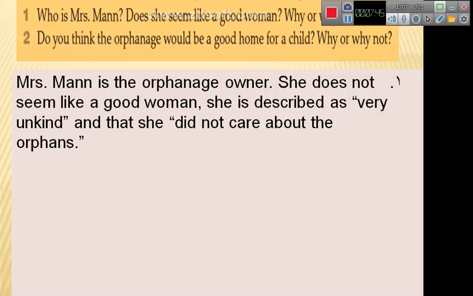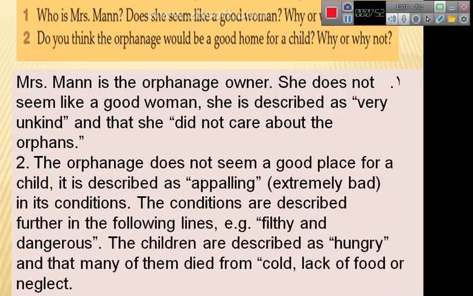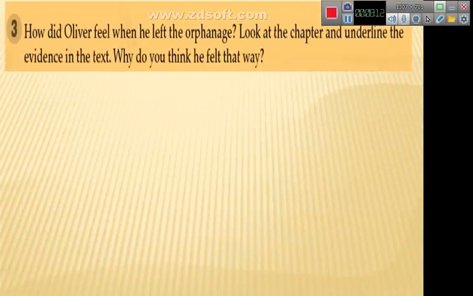Number 2, do you think the orphanage would be a good home for a child? Sure, no. Doesn't seem a good place for a child. It's okay. The conditions are described further in the following lines. Filthy and dangerous. The children there are hungry. Question number 3. How did Oliver feel when he left the orphanage?